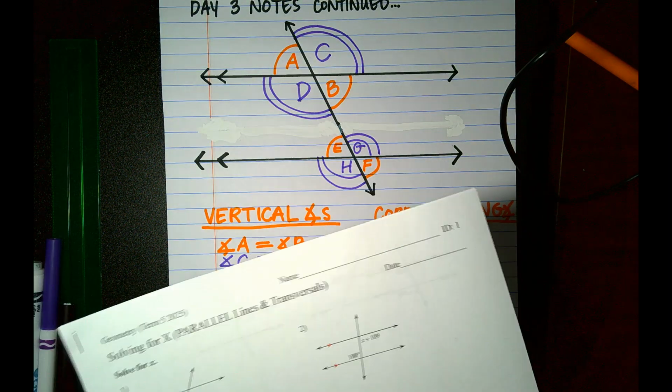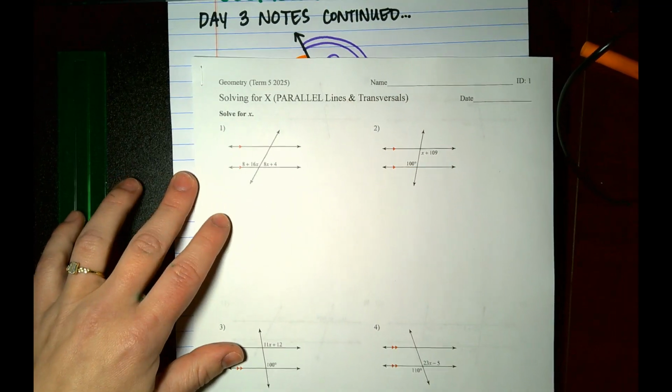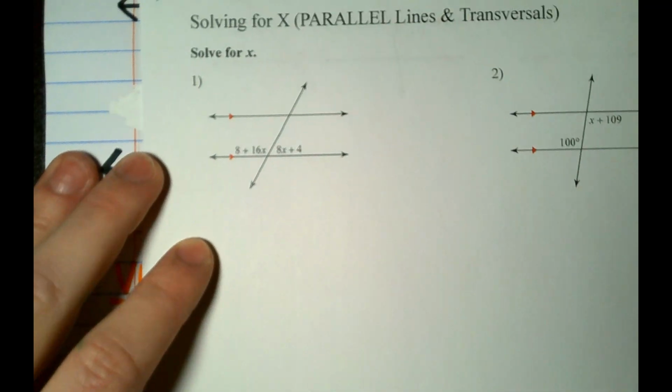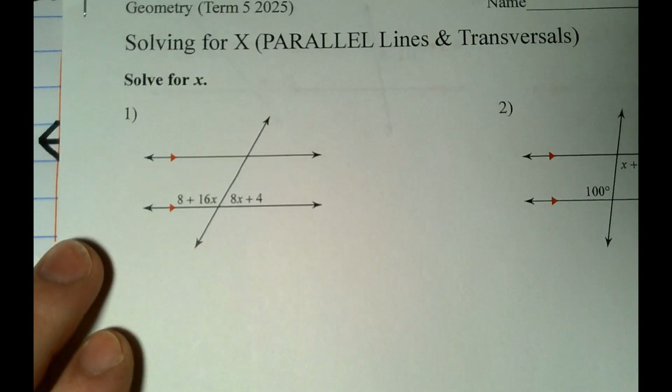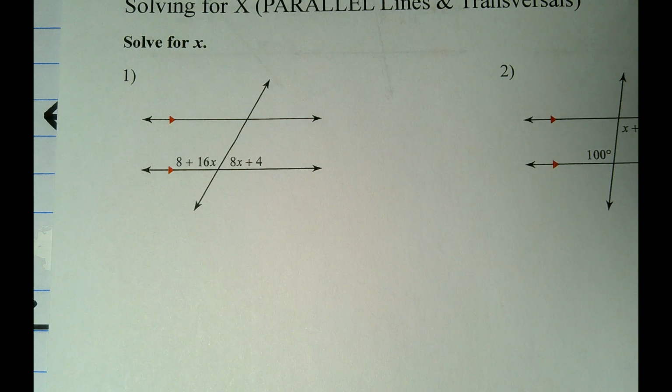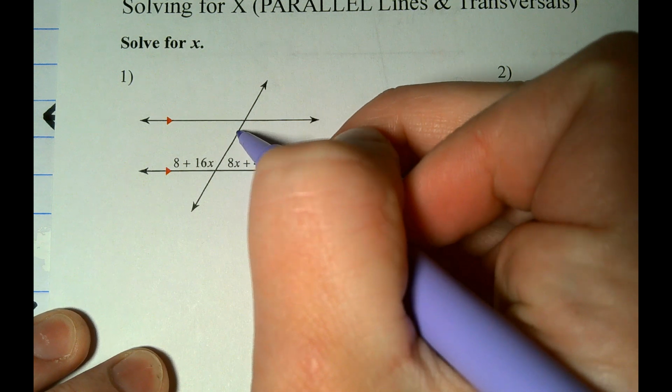Back from our break. So let's look at a few examples together on this worksheet. Let's think about what's going on. So, number one, I have two angles that I'm looking at.